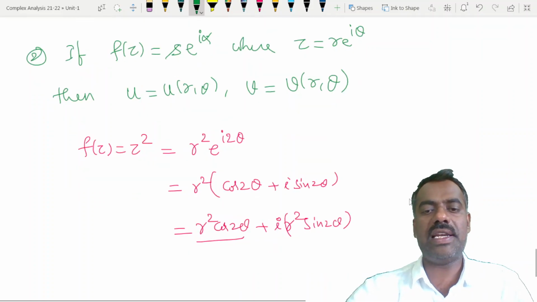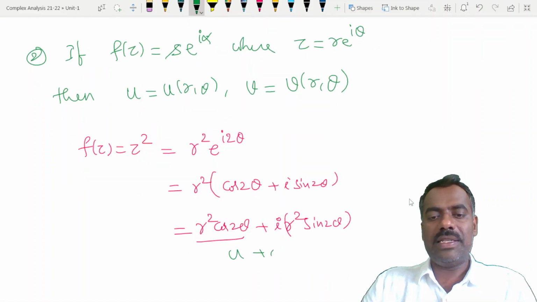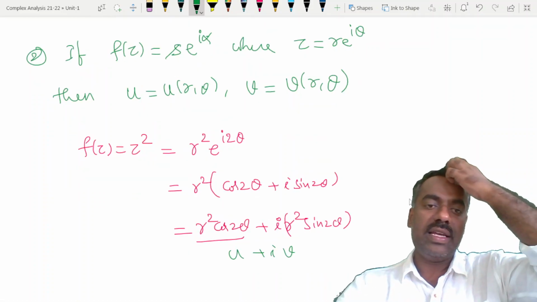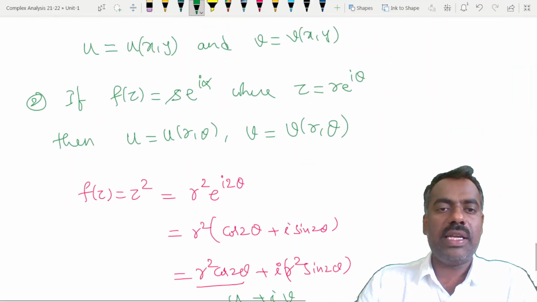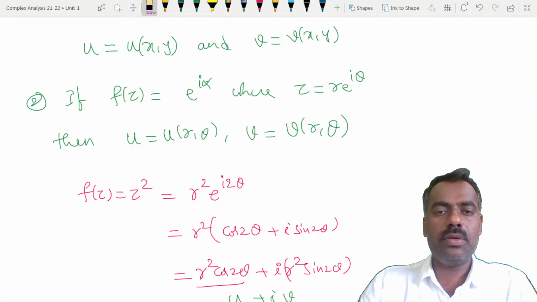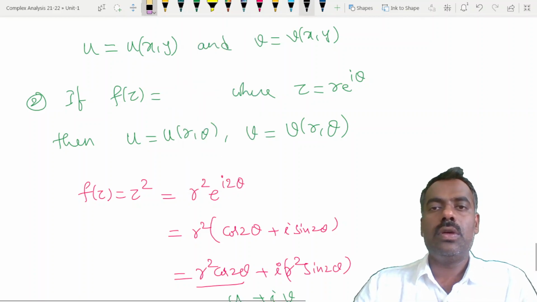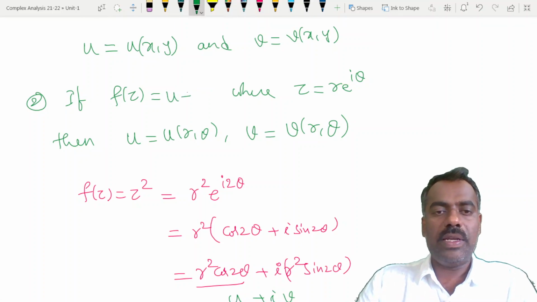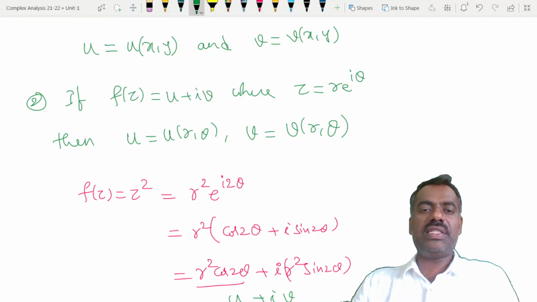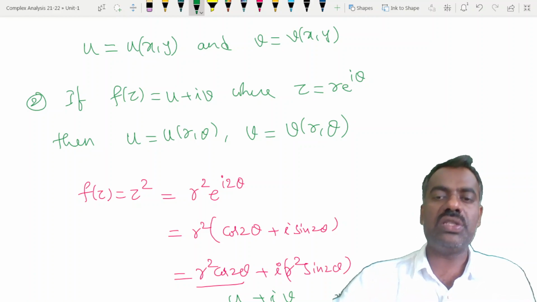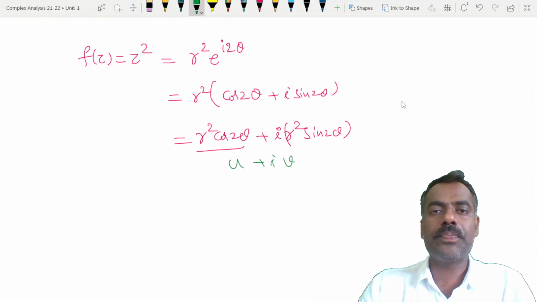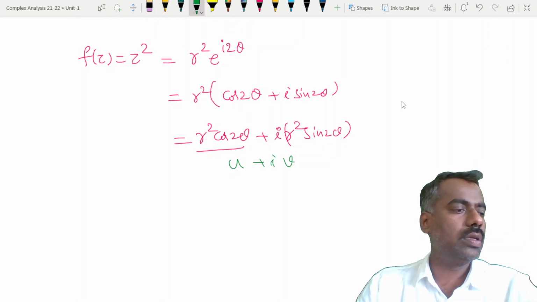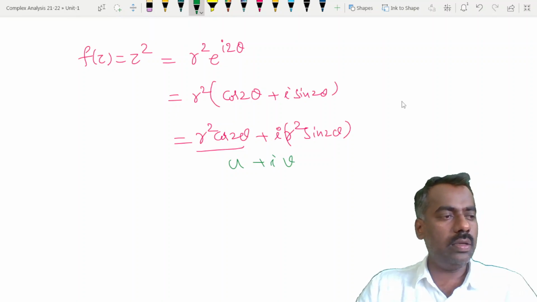If you just write this as u plus i times v, then here also you write as u plus iv, then u is a function in r and theta, and v is also a function in r and theta. Right? Any problem? No? Okay.